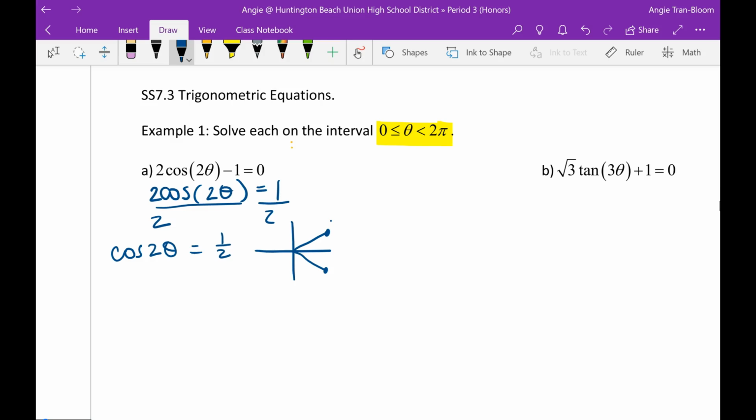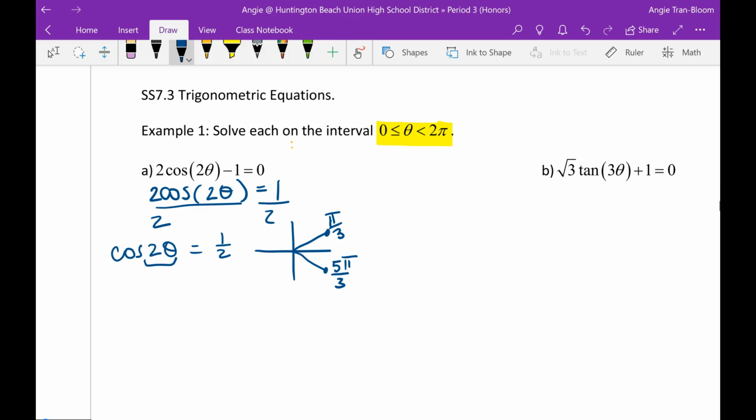So cosine of something is equal to 1 over 2. What angle is that in the unit circle? Pi over 3. That means in quad 4, what angle is that? You can't use negative, because look at the restriction. Oh, 2 pi minus pi over 3, 5 pi over 3. Okay. So we have 2 locations that will give me cosine of 2 theta equals a half.